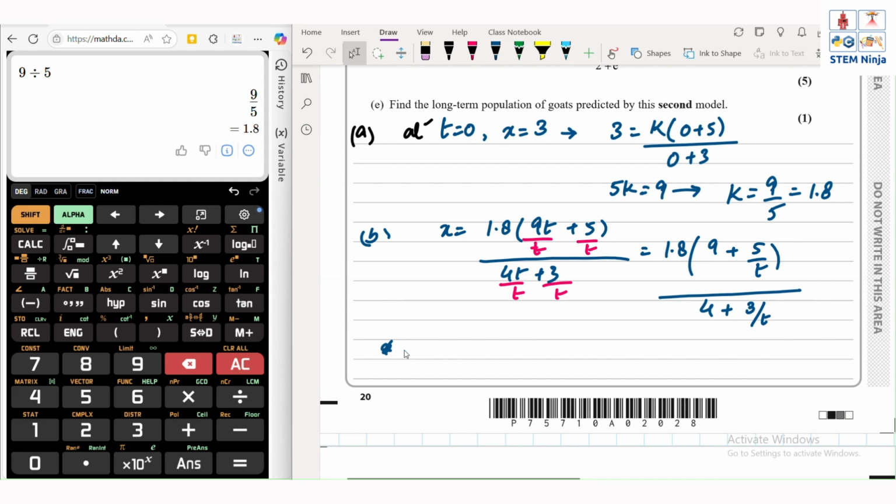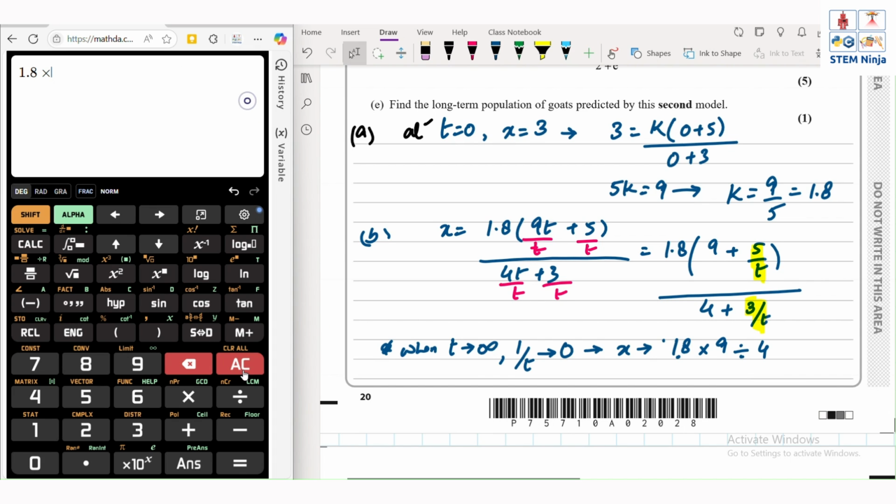Now, when t approaches infinity, 1 over t approaches 0. So therefore, x would approach, see, this term will go to 0, this term will go to 0, 1.8 times 9 divided by 4.